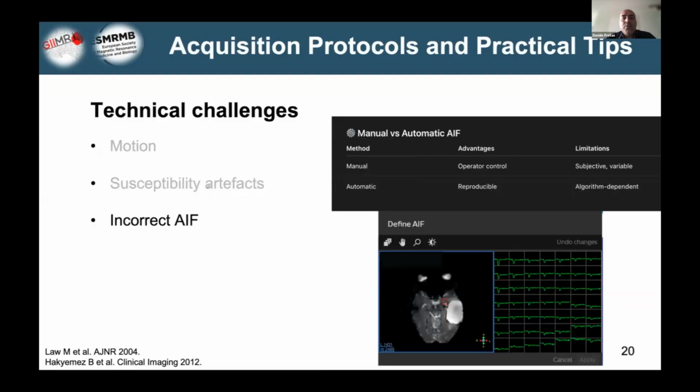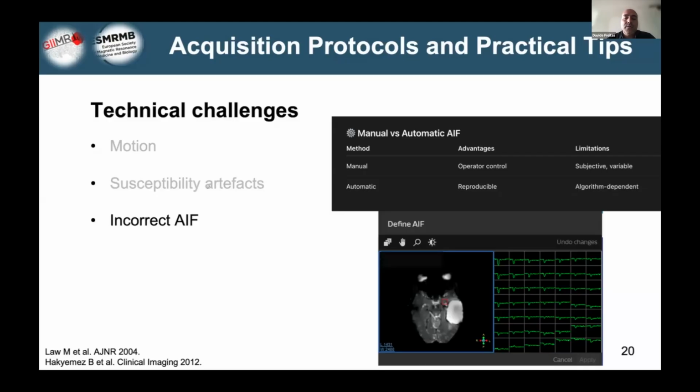The arterial input function is a critical component, particularly for quantitative analysis. It represents the contrast concentration over time within an arterial vessel and serves as a reference for perfusion calculations. However, incorrect AIF selection is a common source of error.